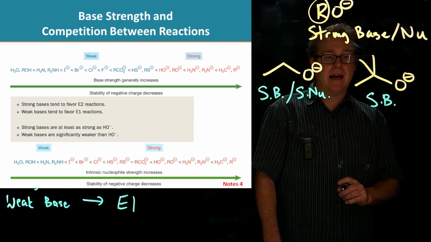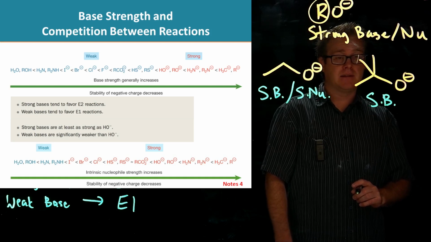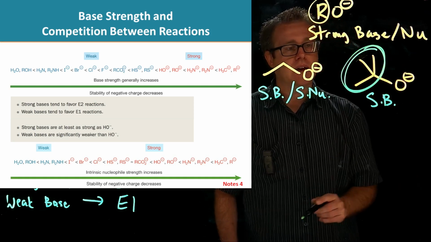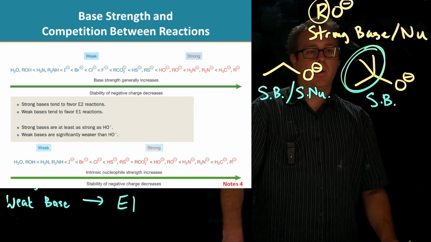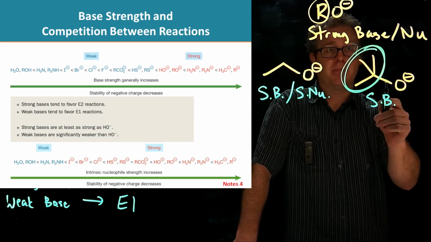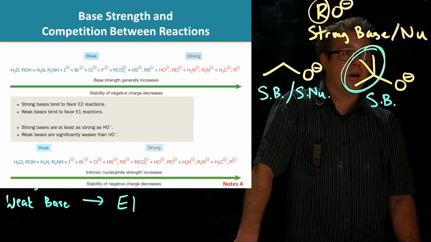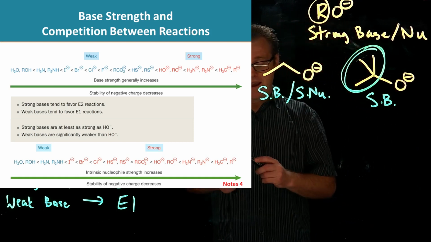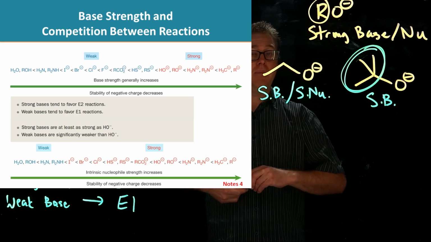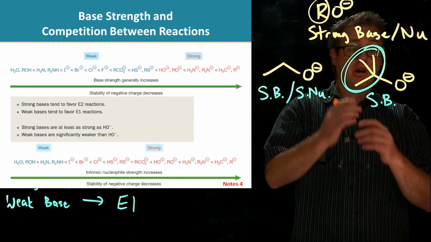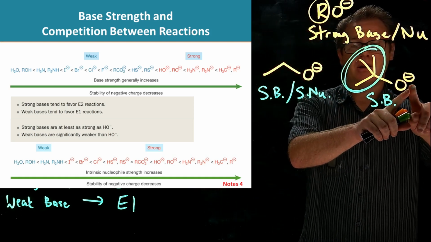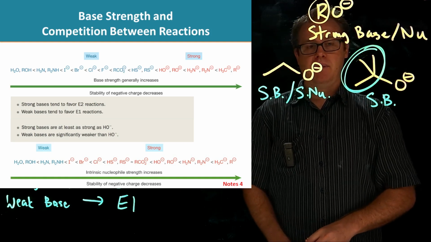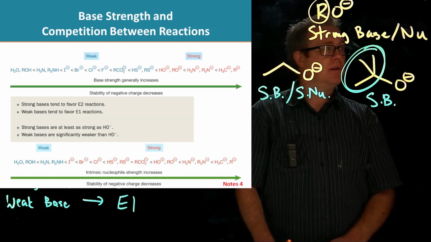And the reason why that is only a strong base is because of this steric bulk right here. That steric bulk is going to prevent the tert-butoxide from being a strong nucleophile. So you're going to encounter strong, bulky bases, meaning they're strong because they have a negative charge, but because they're bulky, they can only act as a base. They cannot act as a nucleophile.